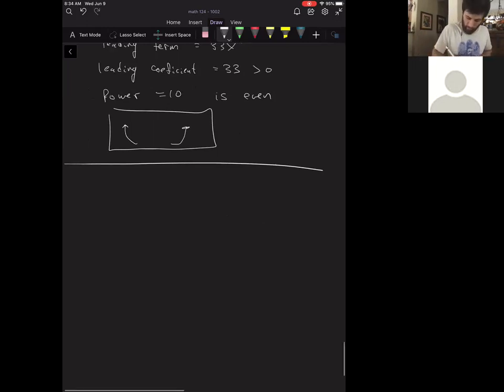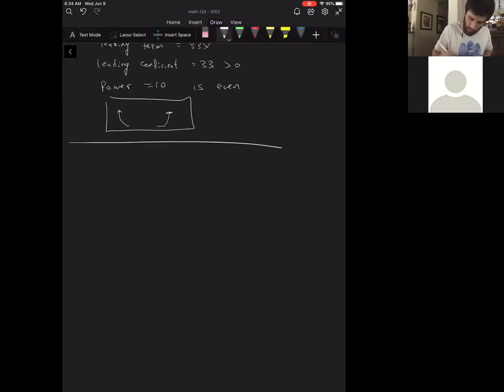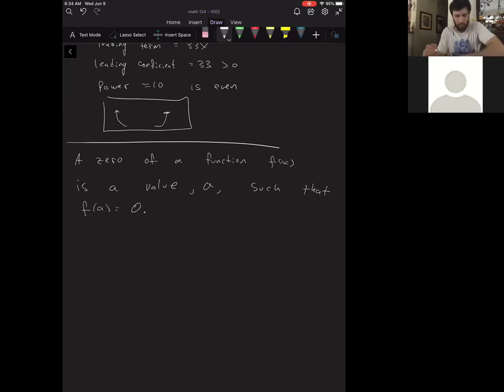We can say a zero of a function f of x is a value, let's call that value a, such that f of a is equal to 0. So it's a number that we plug in and we get 0.